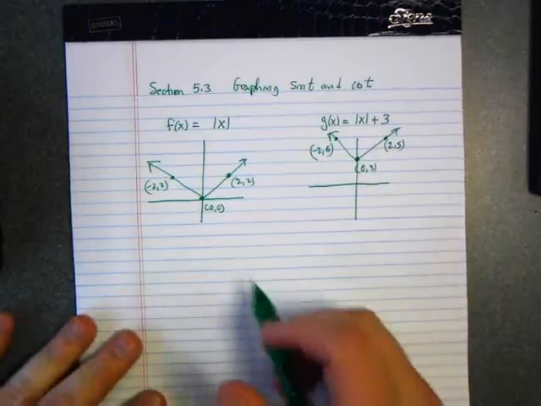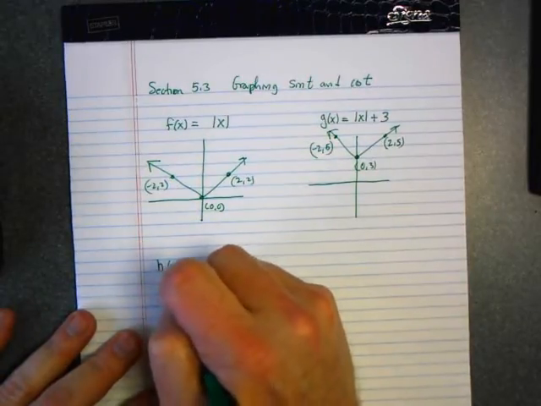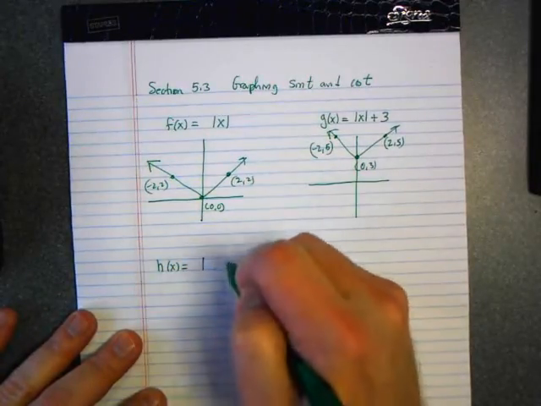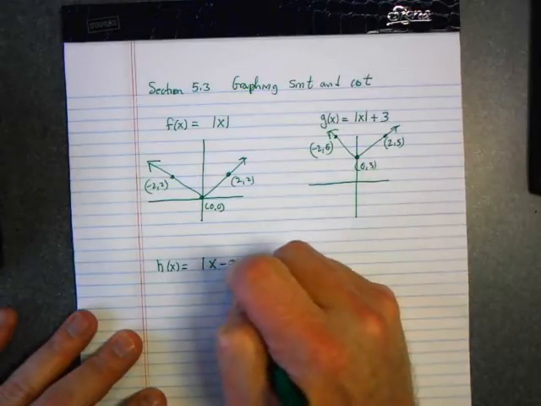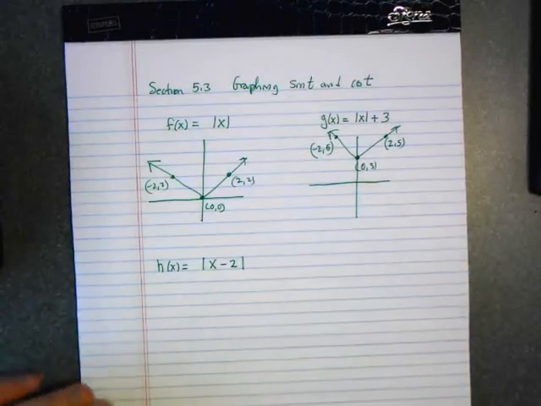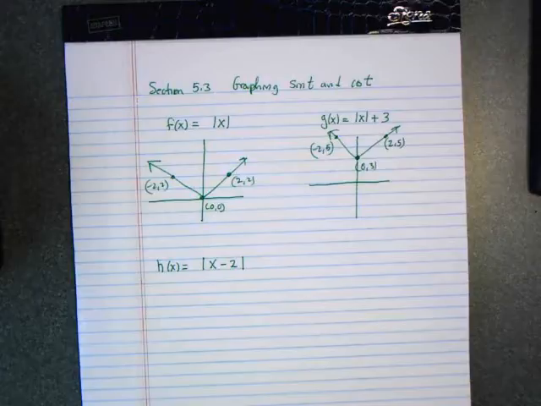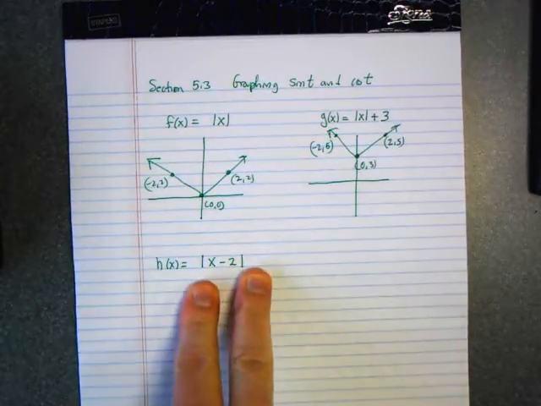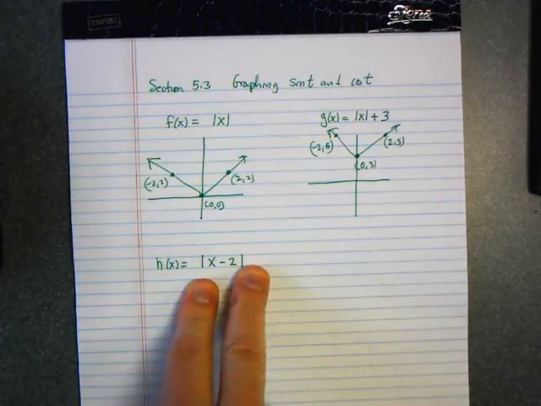All right, what if I asked you to graph h of x equals absolute value of x minus 2? What happens when I put the minus 2 inside? It shifts to the right? So when I put a number inside the brackets like this, it moves it left and right. But what you saw last semester is left and right goes backward.